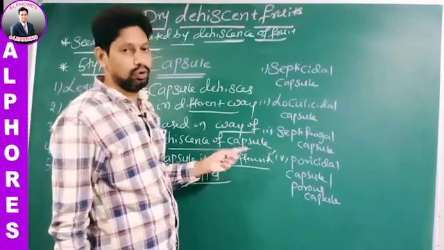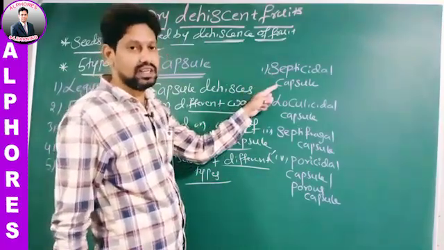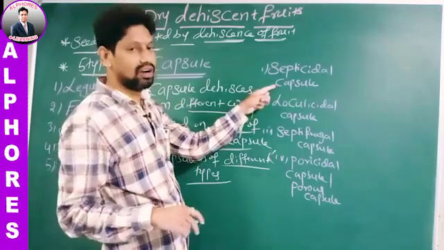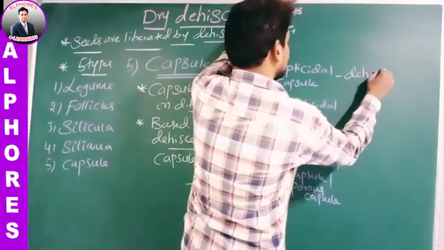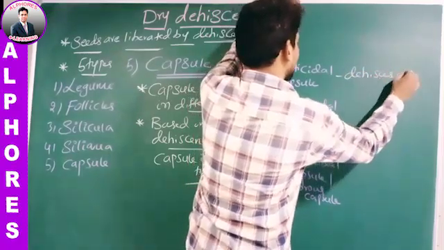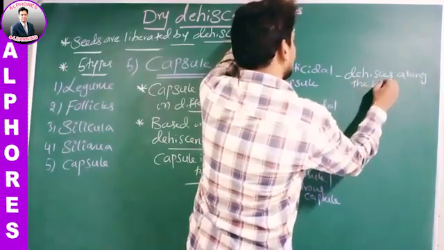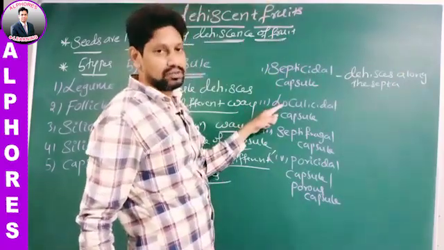Porous capsule. Sir, septicidal capsule name itself indicates capsule dehisces along the septa. Therefore, dehisces what, sir? Dehisces along the septa. Sir, loculicidal capsule.